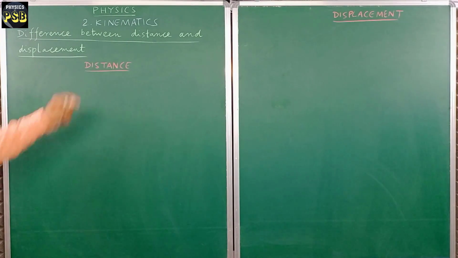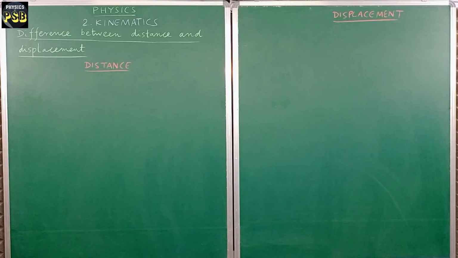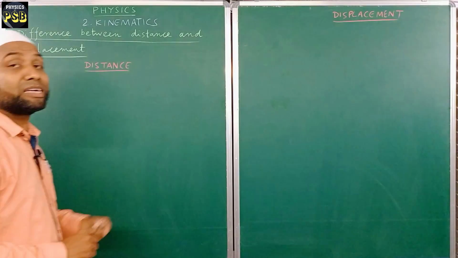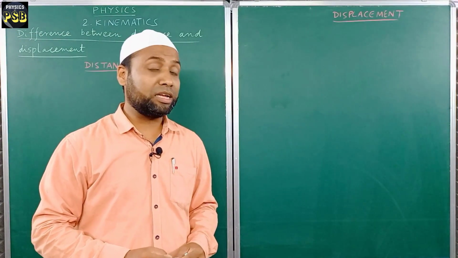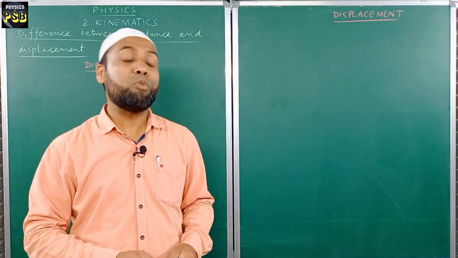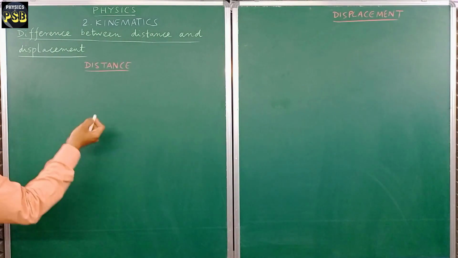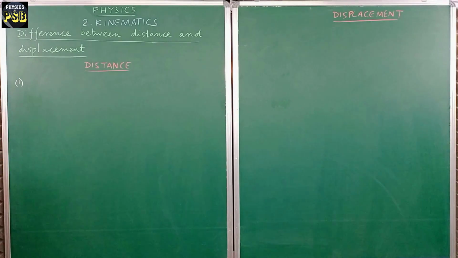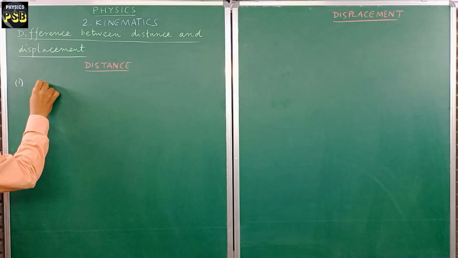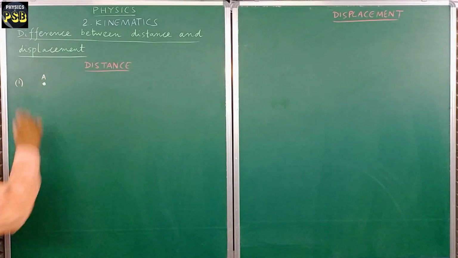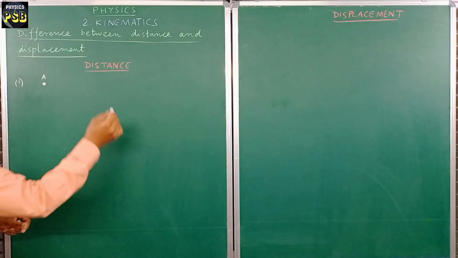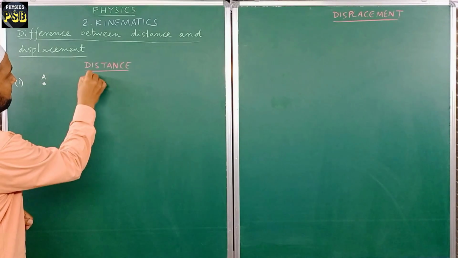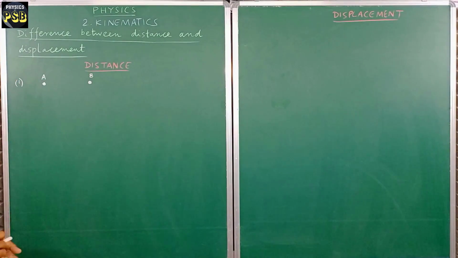When we talk about distance, it represents the total path covered by an object in a given time between 2 points. Now suppose I have a point A and another point is B. To reach B from A, one can take any path.